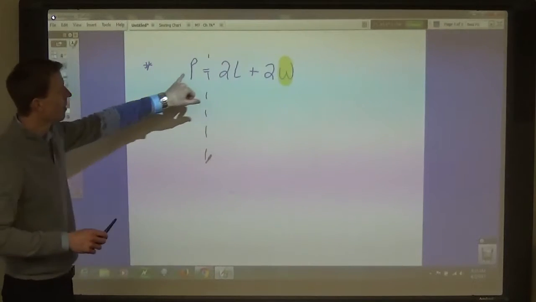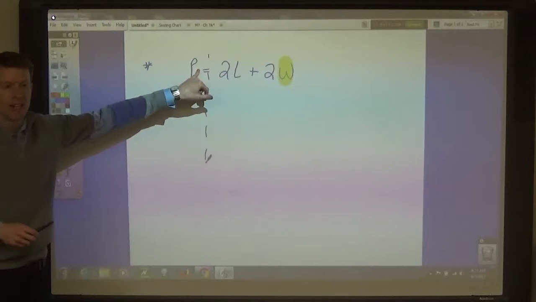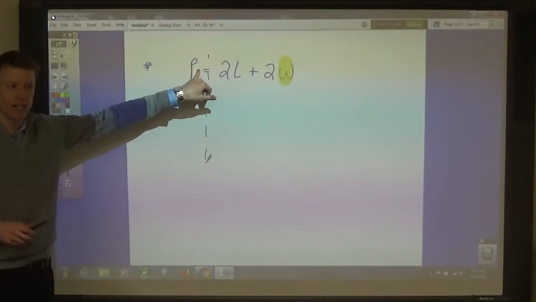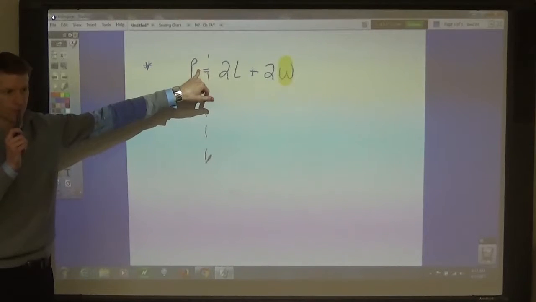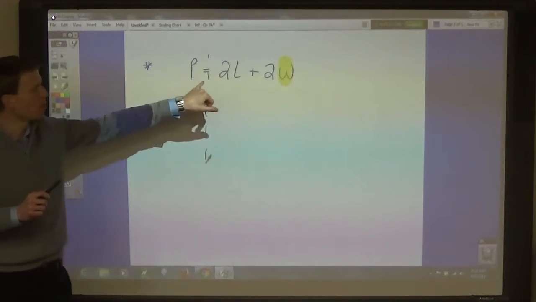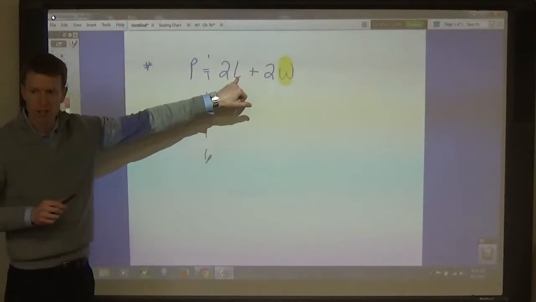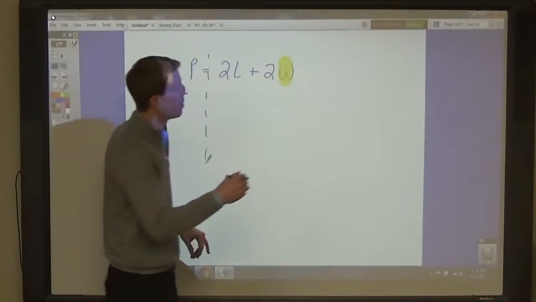This formula is called the perimeter formula. It's the perimeter of a rectangle or any parallelogram. Quiet, please. The perimeter is equal to 2 times the length plus 2 times the width.